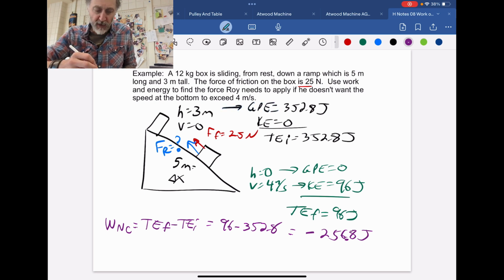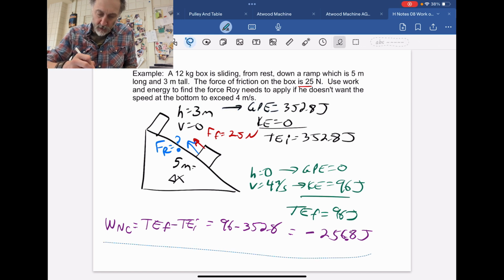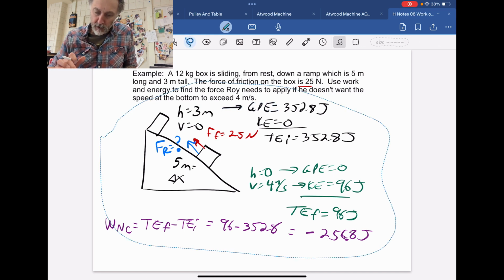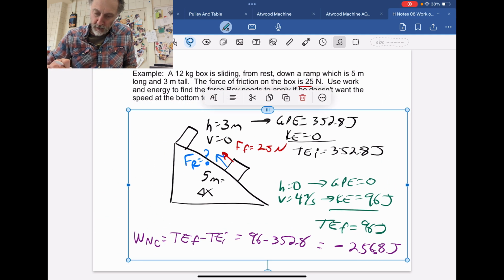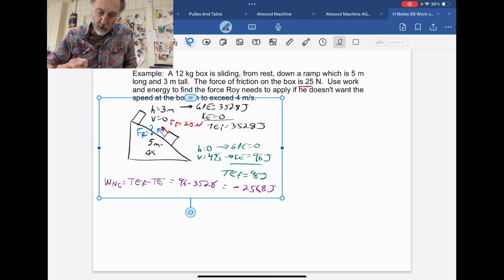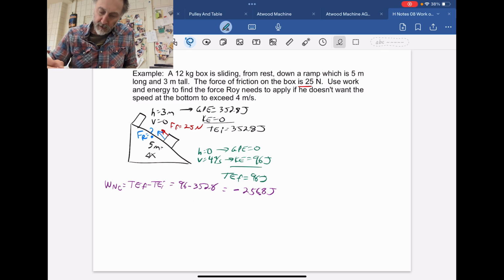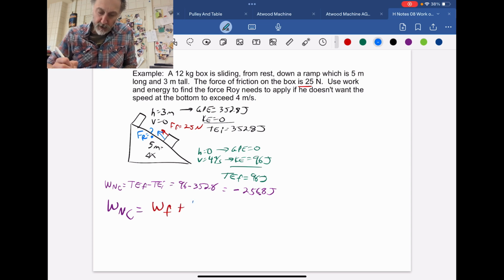But what is that, though? What do I mean when I say the work done by non-conservative forces? In this problem, there are two non-conservative forces. So the work of non-conservative forces here is work of friction plus the work of Roy.